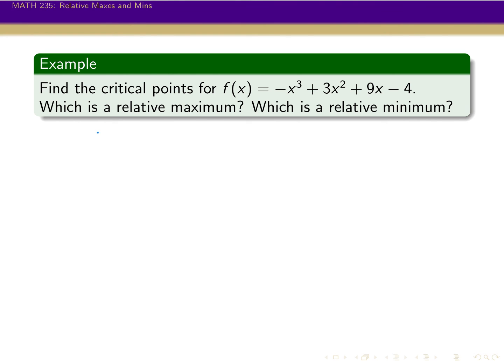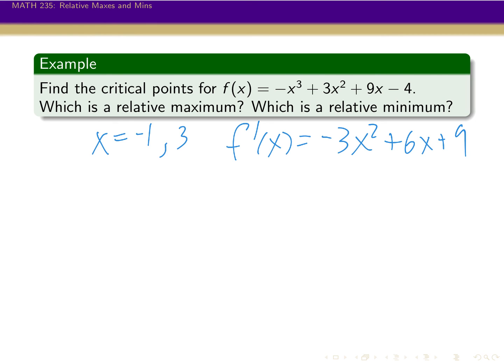We saw before that our critical values were at -1 and 3, and the value of our derivative was minus 3x squared plus 6x plus 9. And so if we're trying to figure out what's happening at each of these critical points at -1 and 3, well, to figure out what's happening between -1 and 3, I can plug in, say, 0.